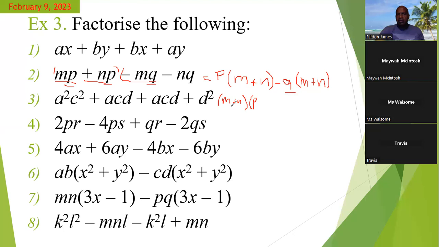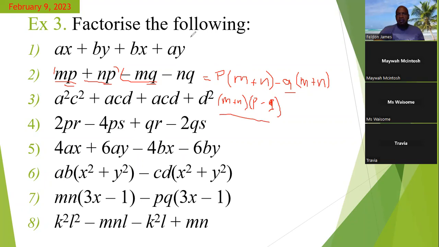And then now we use m plus n to divide this side, m plus n cancel, leaving only negative q. So I put negative q in the bracket here. All right, so after we write this q, then we close our bracket. So these are our factors.